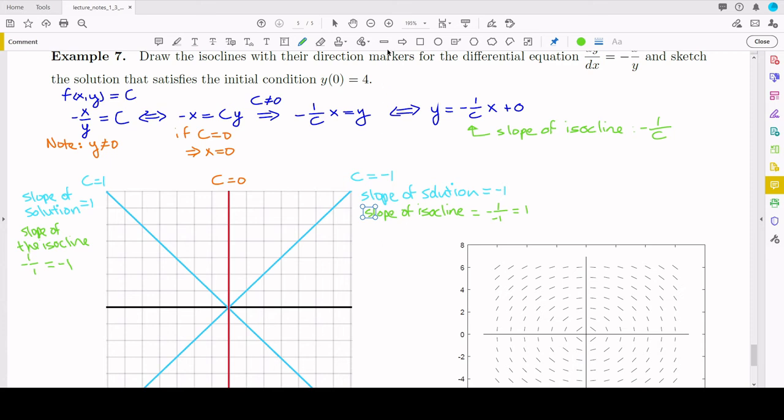So let's put in some of the direction markers. So c equals 0. That means the slope of the solution is 0. The direction markers look as follows. They look like this. They're just little straight line segments.